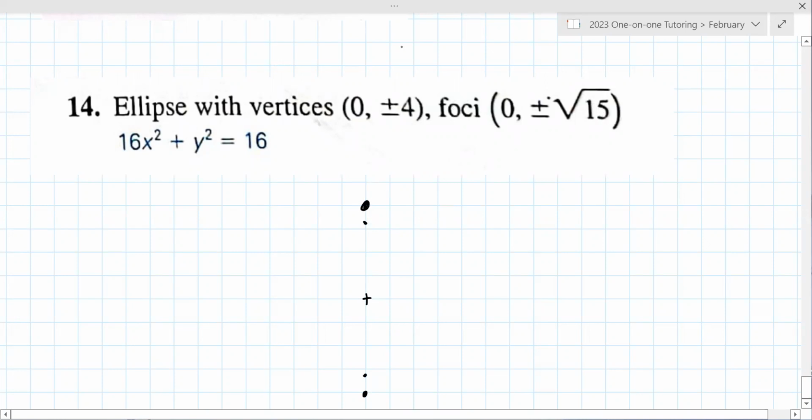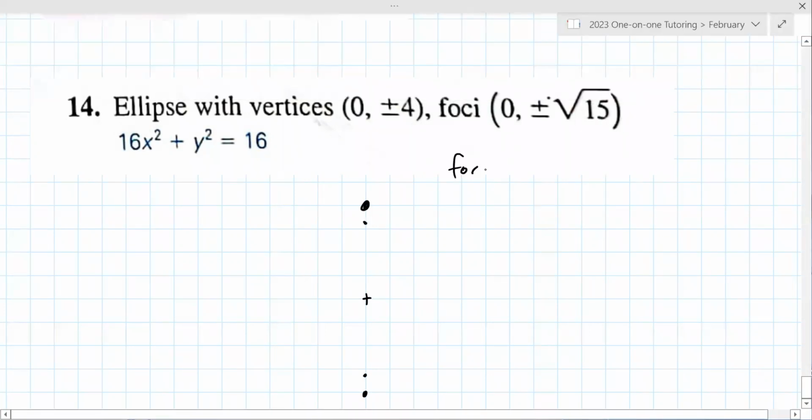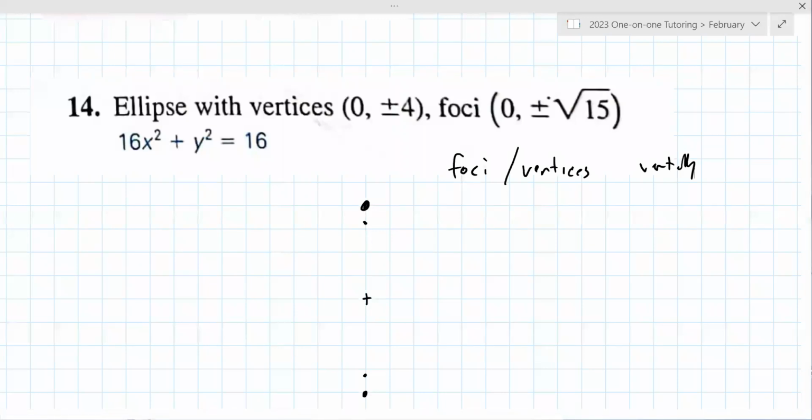This tells us that because the foci are in line with the vertices vertically, that tells you which one it is. It's the vertical major axis.